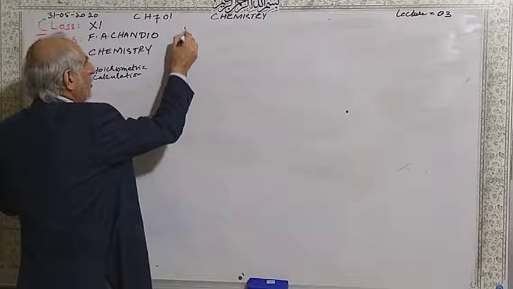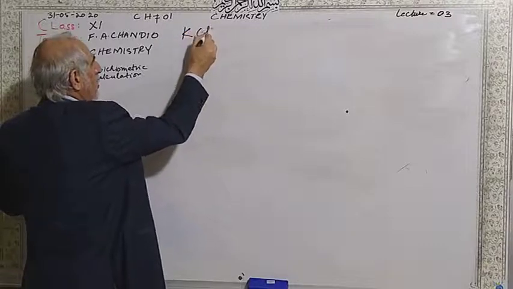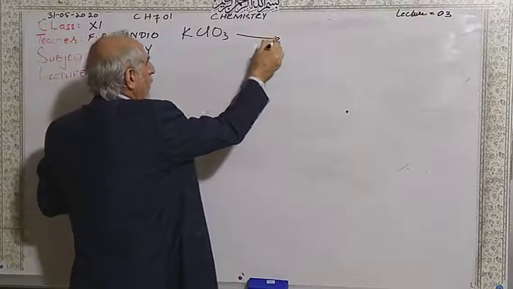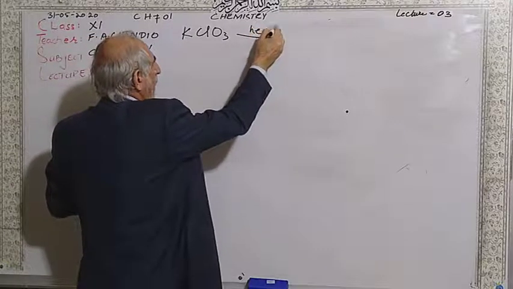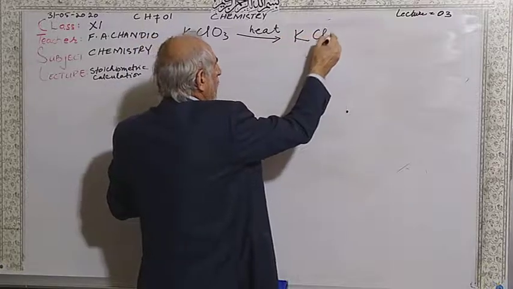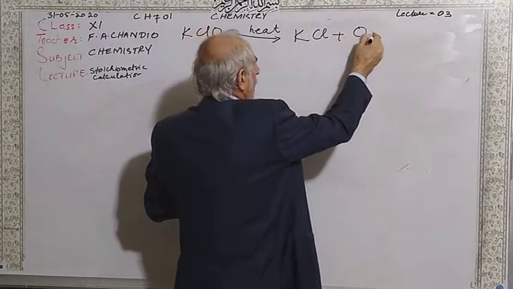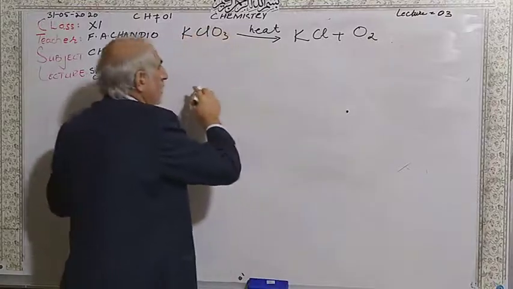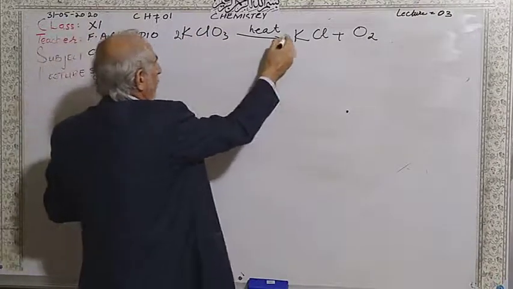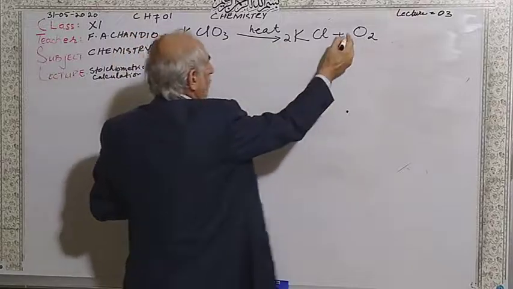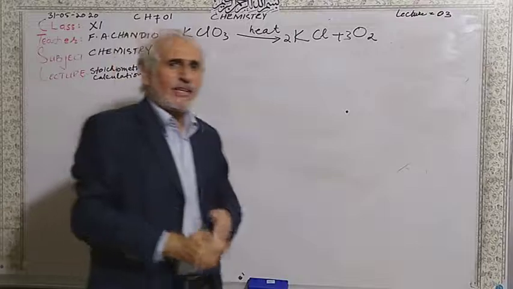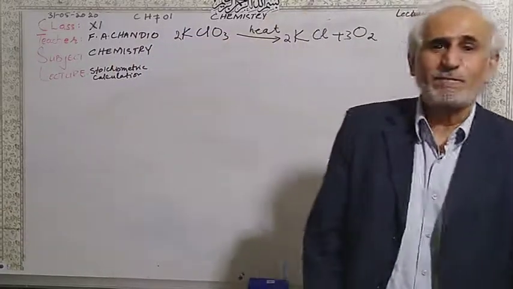So, dear students, potassium chlorate, when we heat it, gives potassium chloride and oxygen gas. So this is the balanced equation. Actually, this is the lab method for the preparation of oxygen.